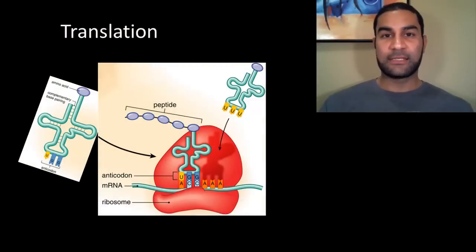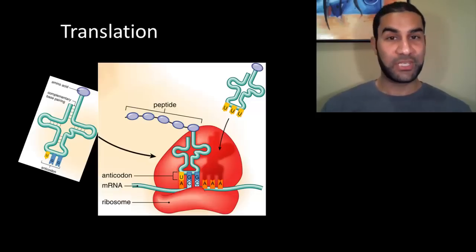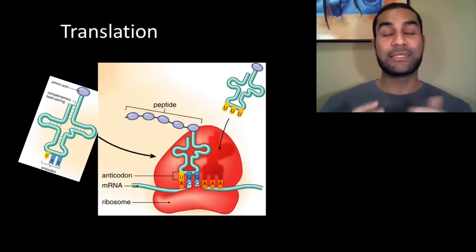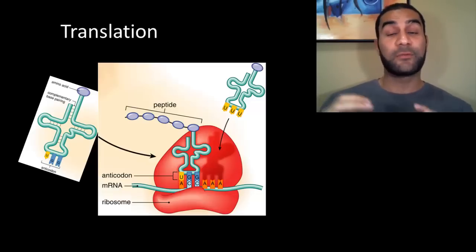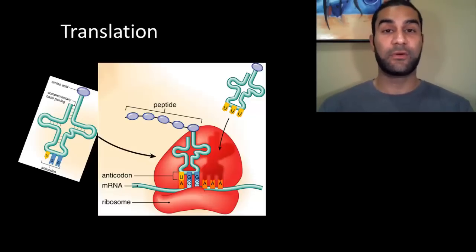This process is in no way random. In fact, it's very much calculated, and you can make very specific predictions about the types of amino acids that will get put together because of their base sequences. They're very specific. Any particular amino acid only attaches to a certain type of tRNA that has a very specific anticodon.